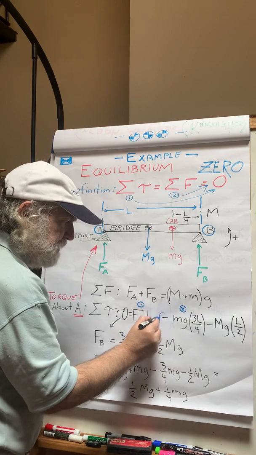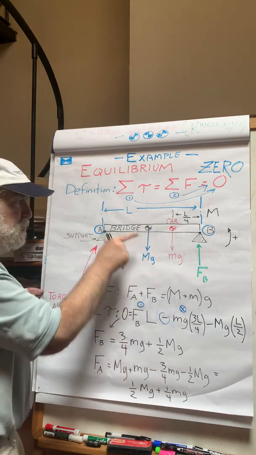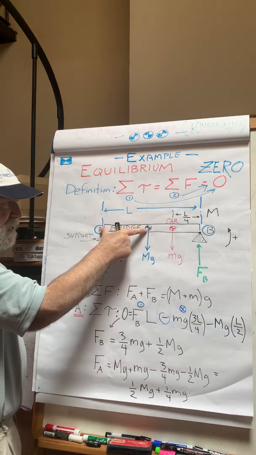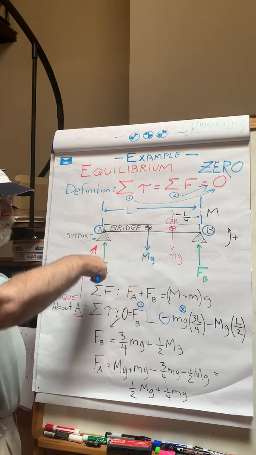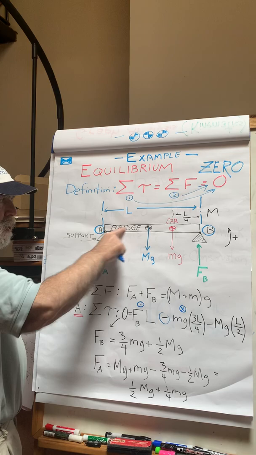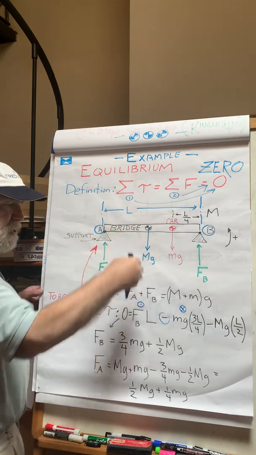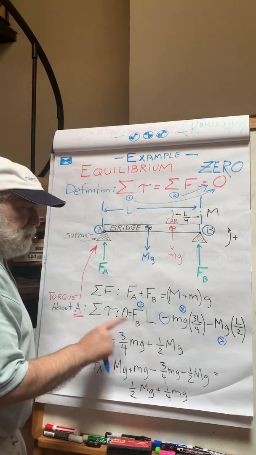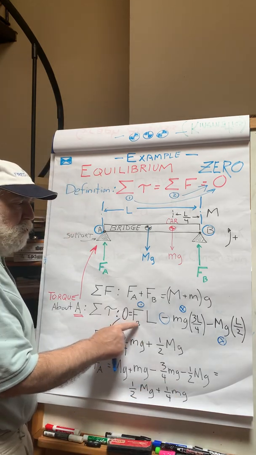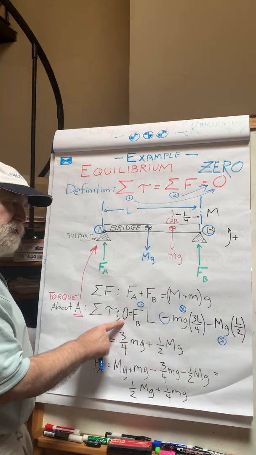So it gets a minus sign, and this torque is half of L, half the length of the bridge, times the force, the moment arm L over 2, Mg, which gives us another minus sign because it's into the page. So the sum of all the torques, 1 plus torque and 2 minus torques, sum up to 0.